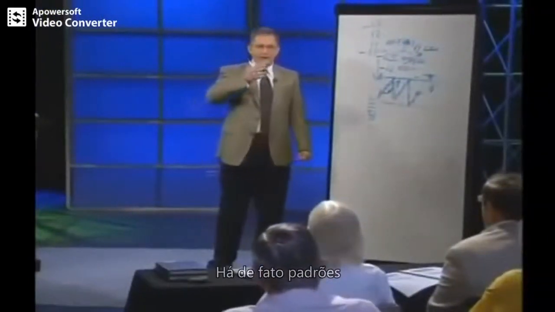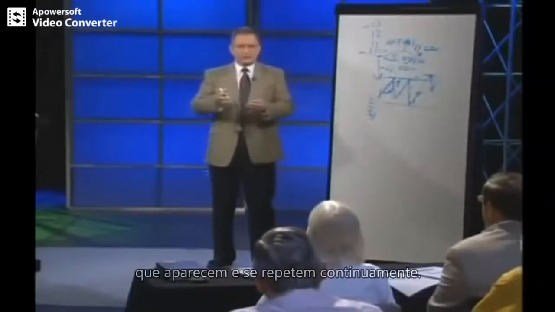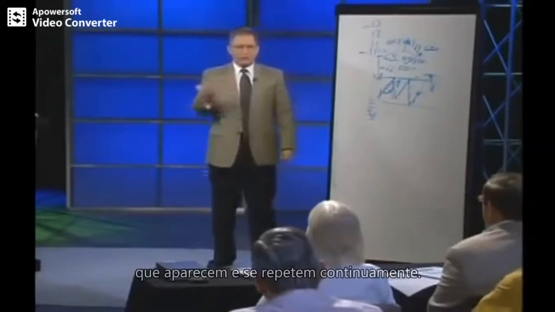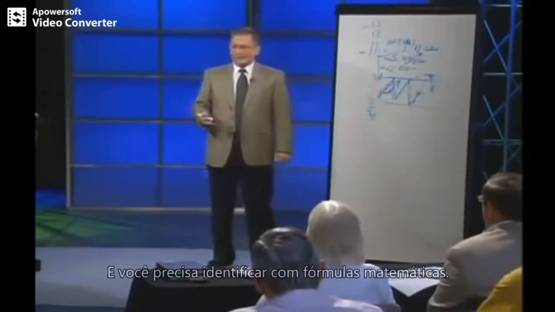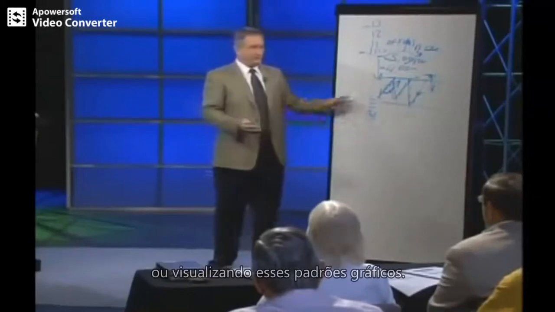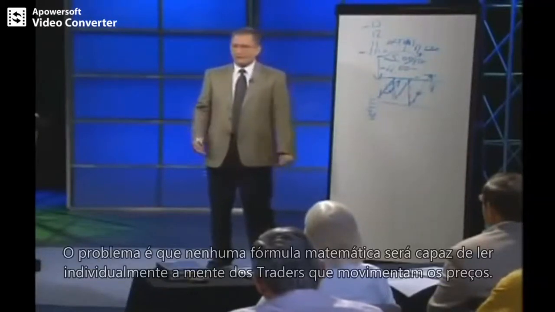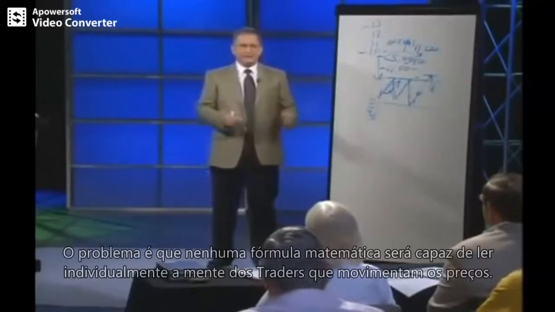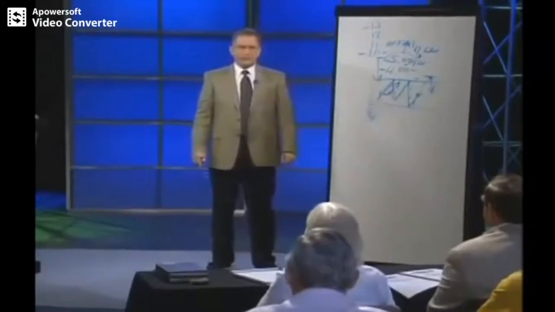There are actual patterns that emerge, that repeat themselves over and over and over again, that you can identify with mathematical formulas or with these visual price patterns. But the problem is that there's no mathematical formula that can get into the mind of the individual traders who actually are driving prices up or offering them lower.